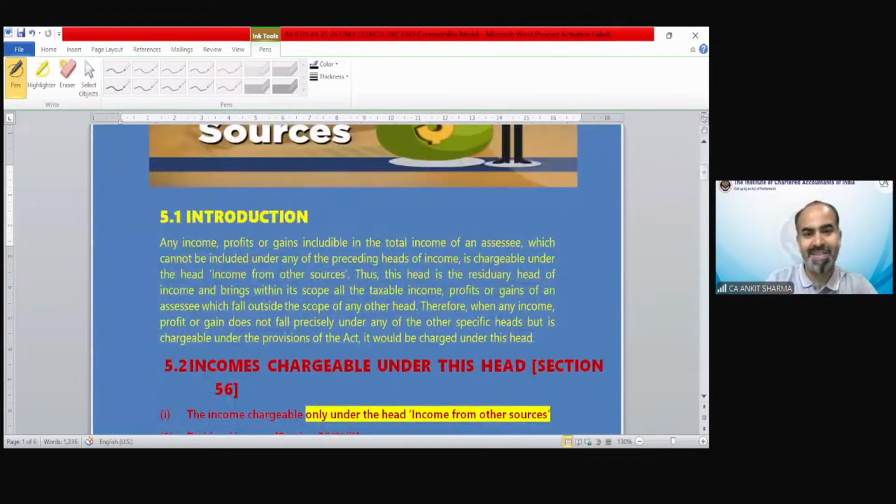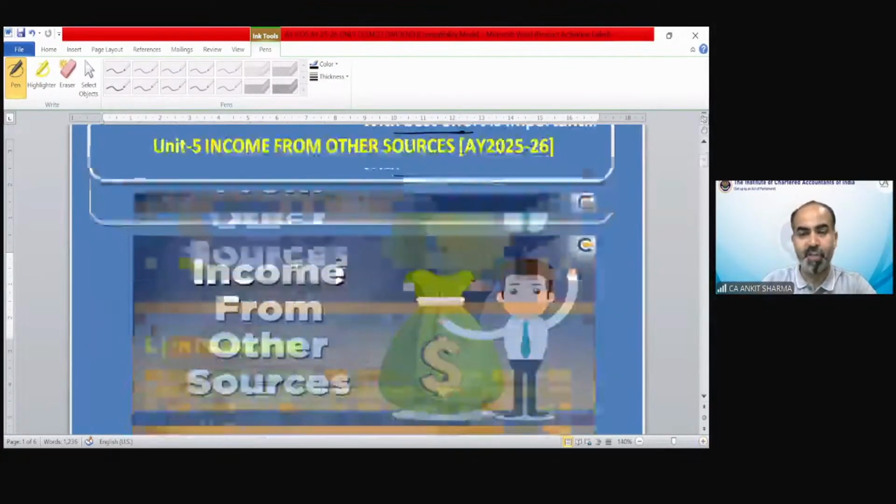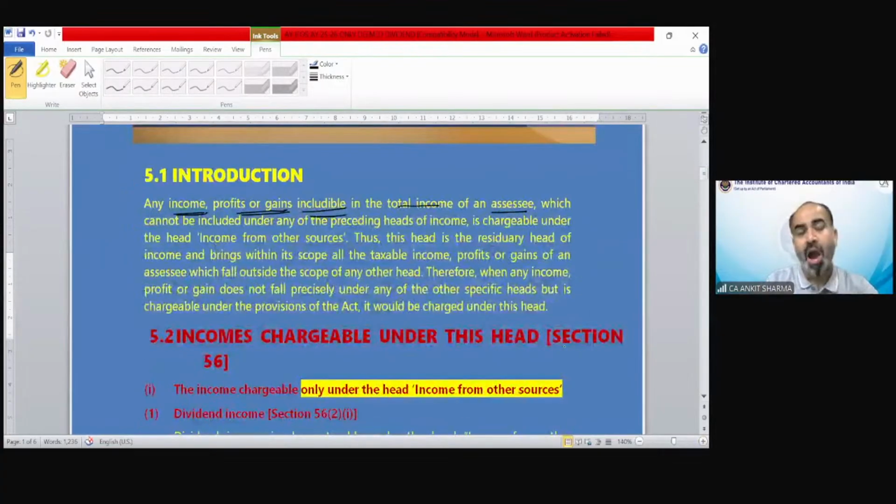Introduction: it says any income, profit or gains includable in the total income of the assessee, which cannot be included under any of the preceding heads of income. So what it says is, if there is an income which is going to be charged to tax, and it cannot be included in any other head of income, then that is going to be your income from other sources.